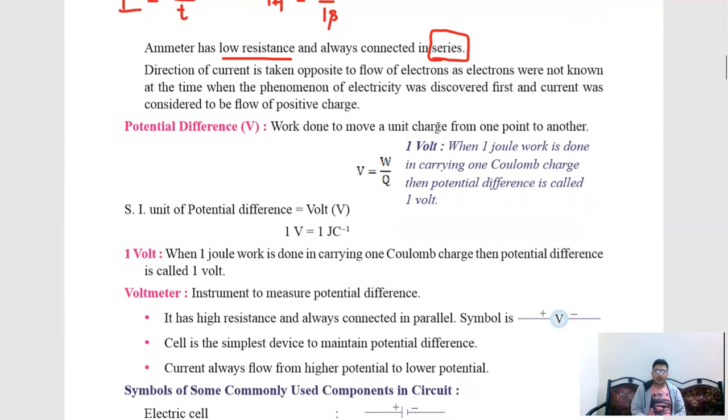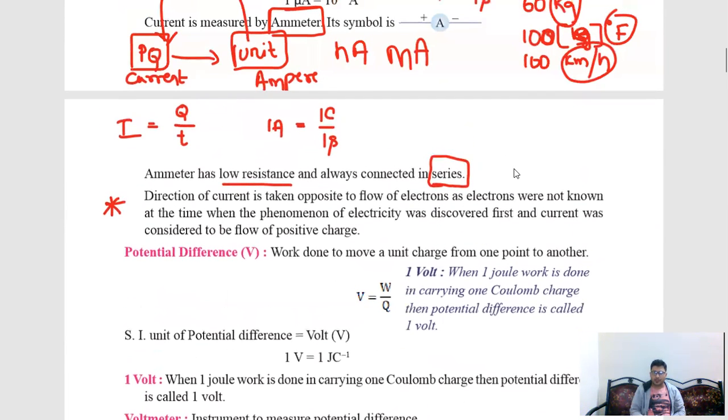Now this is the most important point, direction of current. Direction of current is taken opposite to the flow of electrons, as electrons were not known at the time when the phenomenon of electricity was first discovered, and current was considered to be the flow of positive charge. Simply to say, if you take a circuit, for example, this is one small circuit with a cell, and this is closed.